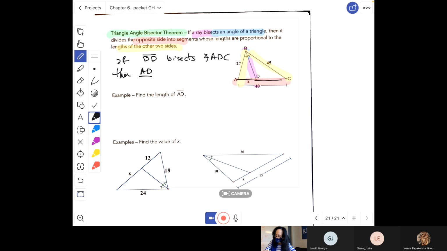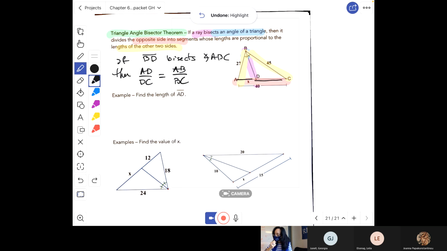So AD over DC equals, what is the side of this triangle here? Yes, 27. Well, let's write it in terms of the sides. AB. Good. Or we could have written AD over AB equals DC over BC, right? Interchanging our little means. Remember? We could have interchanged these.